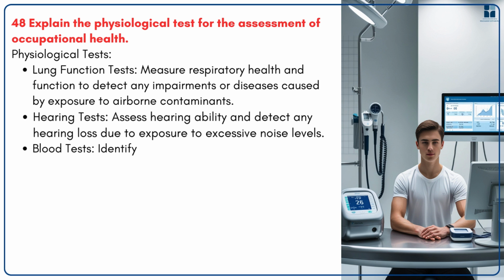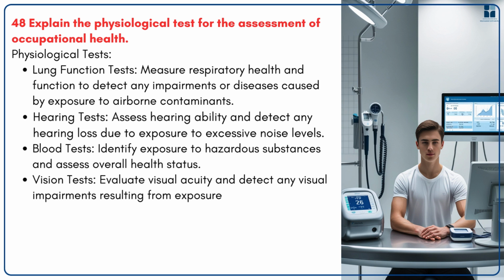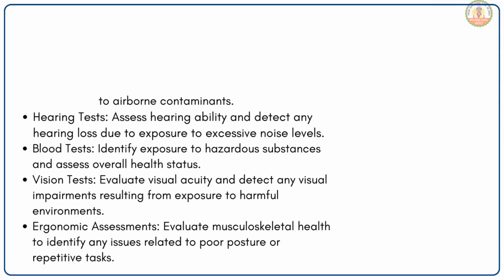Blood tests identify exposure to hazardous substances and assess overall health status. Vision tests evaluate visual acuity and detect any visual impairments resulting from exposure to harmful environments. Ergonomic assessments evaluate musculoskeletal health to identify any issues related to poor posture or repetitive tasks.